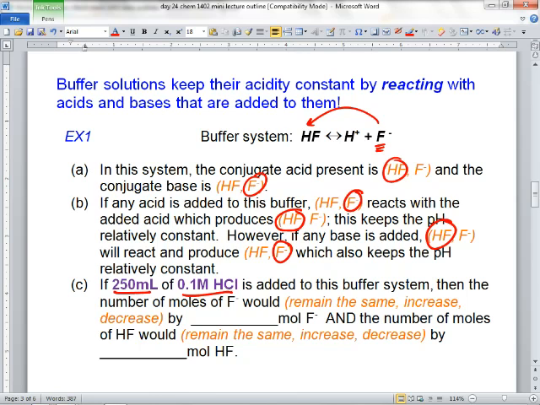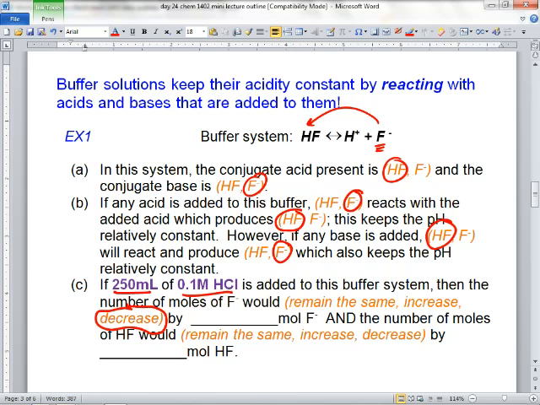The conjugate base, which is F minus. So if it's reacting, its amount has to go down, right? Because it's reacting. Does that make sense? Okay, now hang on, one step at a time. This is logic-wise. F minus is going to react with the acid that we added, so its amount is going to decrease.